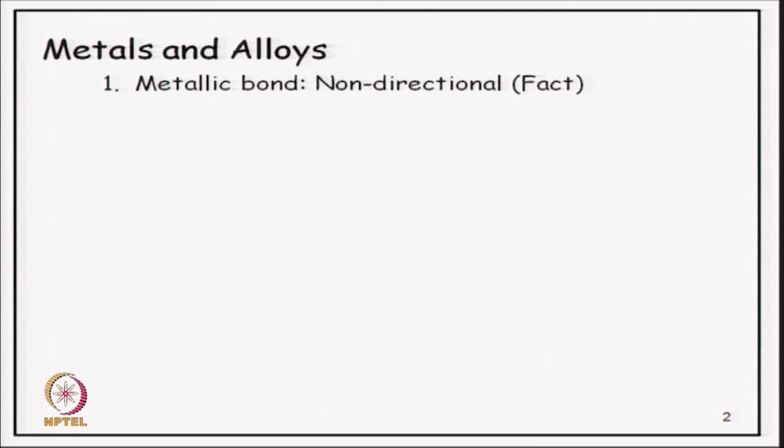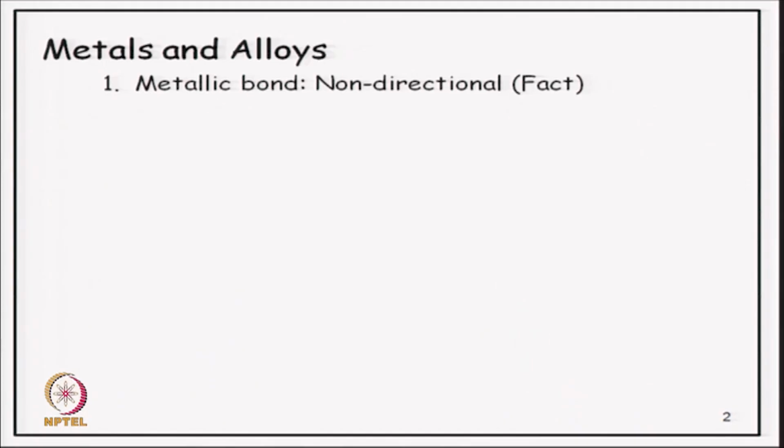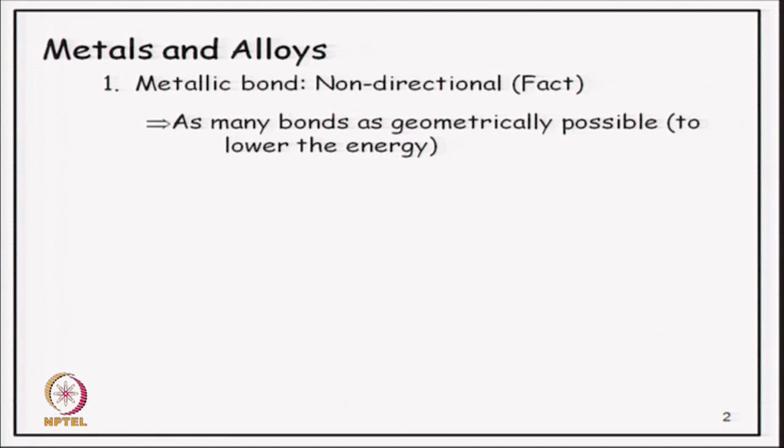This cannot be altered, whereas for metals there is no such predefined angle. Thus, you can bring in as many metallic atoms close together as possible. So, metallic bonding gives you the possibility of having as many bonds as geometrically possible.